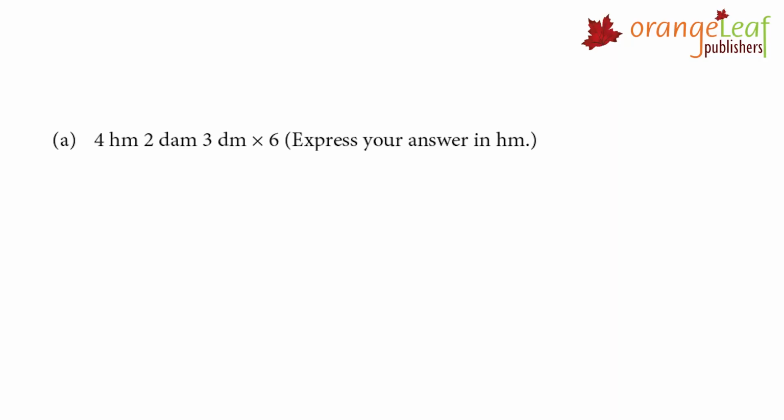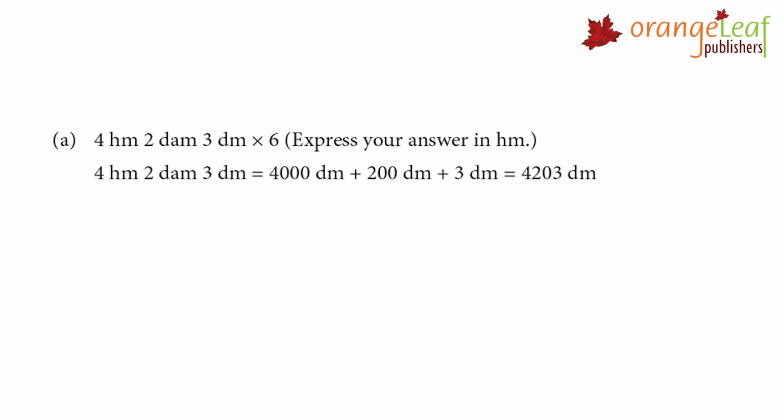Multiplication and division. Let's learn how to multiply and divide using some examples. Let's multiply 4 hectometers, 2 decameters and 3 decimeters into 6 and express the answer in hectometers. Now, 1000 decimeters is equal to 1 hectometer. So let's convert the given numbers. 4 hectometers would be 4000 decimeters, 2 decameters would be 200 decimeters and 3 decimeters. The total value is 4203 decimeters.